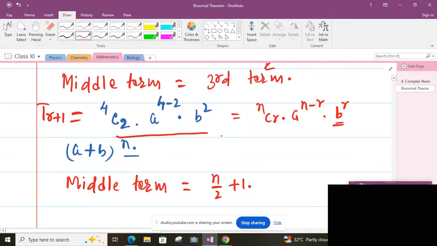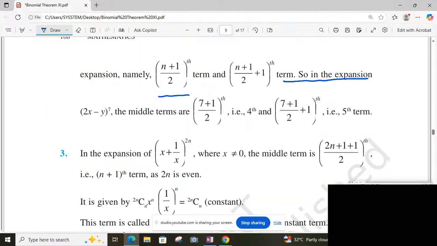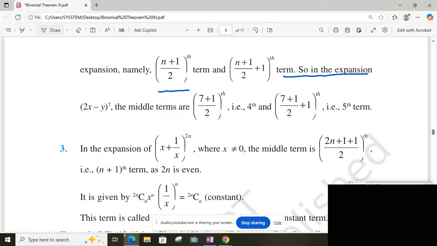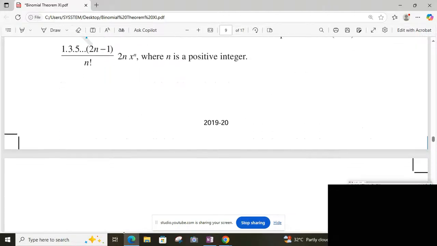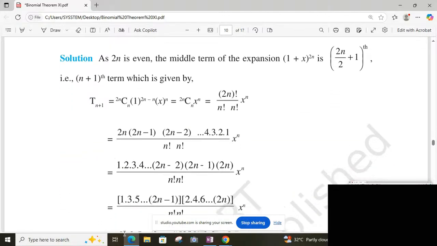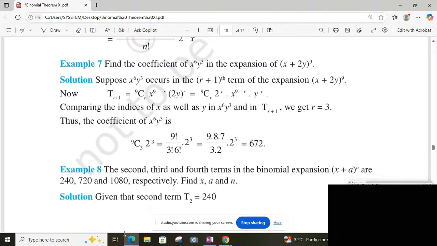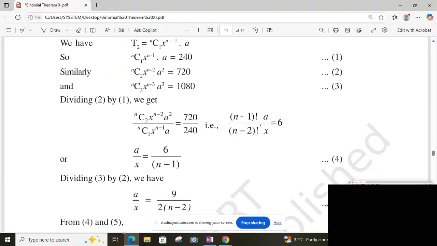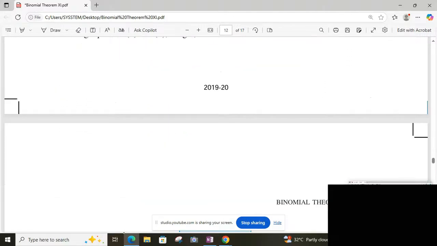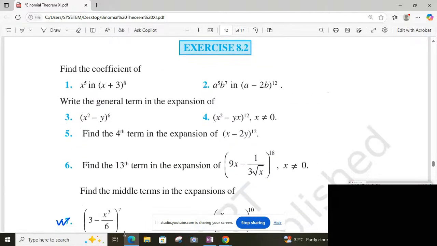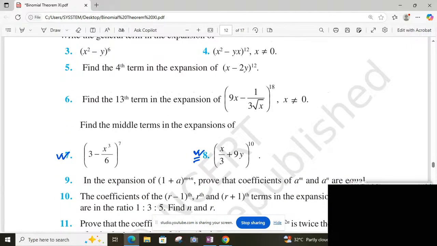Let's solve the question of the exercise. In the exercise, we have the question related to the middle term. See here, n is 10 and 10 is even.